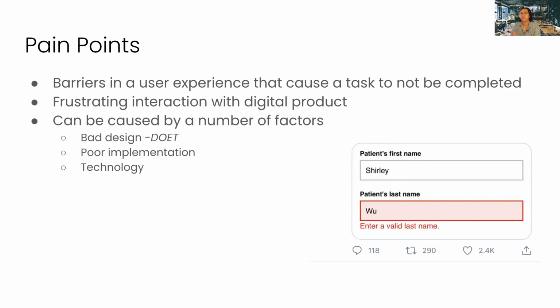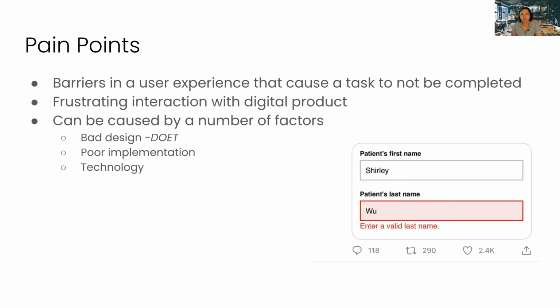So often pain points are unintentional, and these can be caused by bad design, poor implementation, technology, or factors that are beyond your control. An example that I found on the web, as it relates to both design and development of a product that can be really frustrating, is in form design.